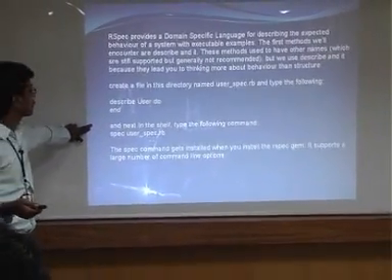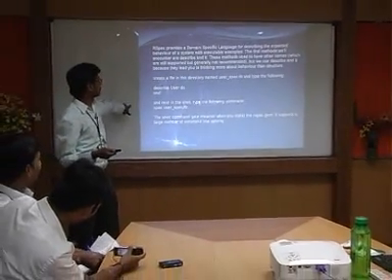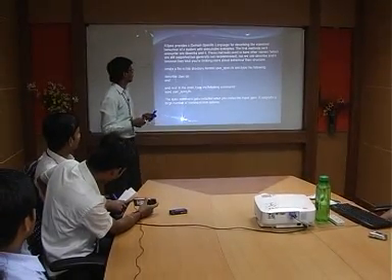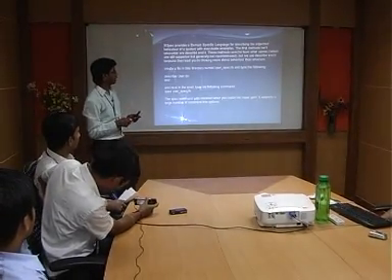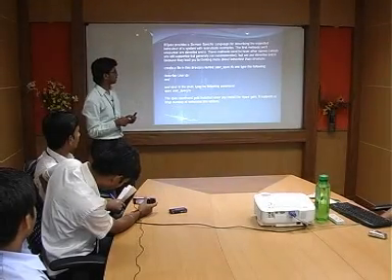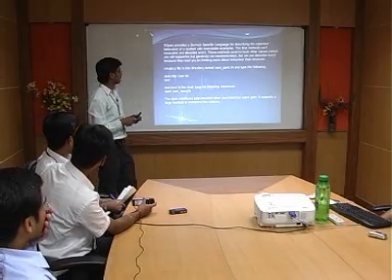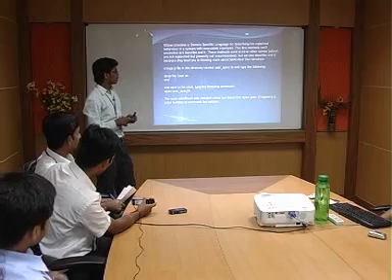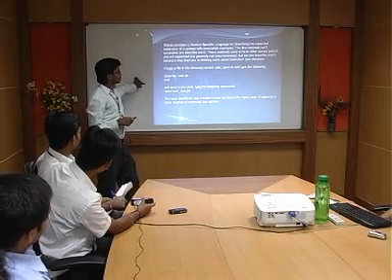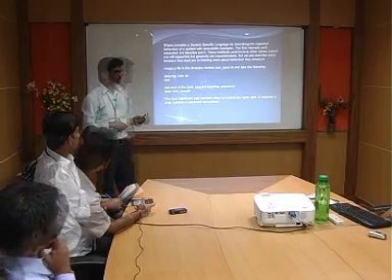Rspec provides a domain specific language for describing the expected behavior of a system with executable examples. The first methods we encounter are describe and it. These methods used to have other names which are still supported but generally not recommended. We use describe and it because they lead us to think more about behavior than structure.